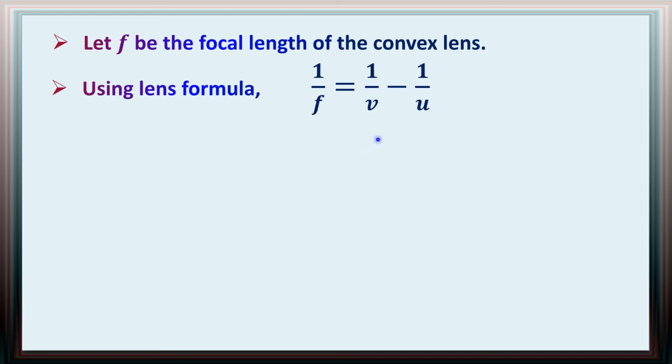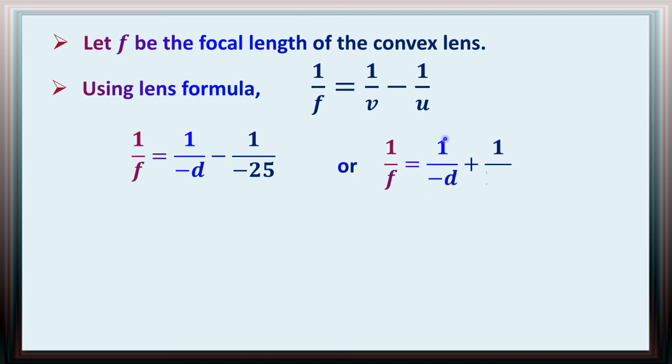Now I am going to substitute the values of U and V in this formula. U equal to minus 25 centimeters, just now we have seen, and V equal to minus d. Let us substitute those values in this equation. 1 by F equal to 1 by minus d minus 1 by minus 25, or 1 by F equal to 1 by minus d, both minuses become plus, 1 by 25. Now let us take the LCM and simplify it.